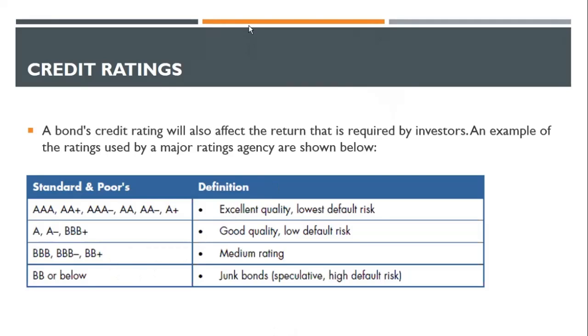And of course, securities with lower credit ratings must offer bigger interest rates, and here, smaller interest rates, because the higher the risk, the higher the return. Remember the same theory? So these are high default risk. Risk goes up, returns go up. So credit ratings are up there.